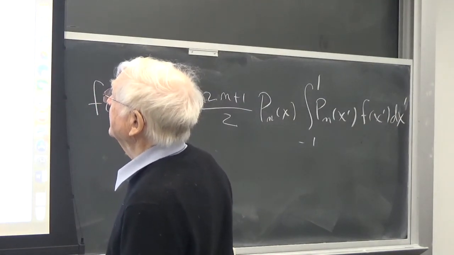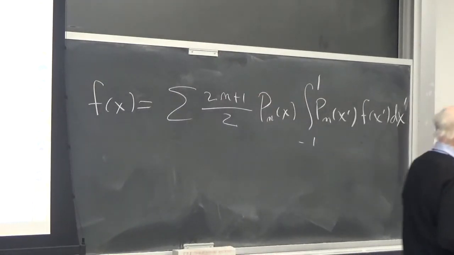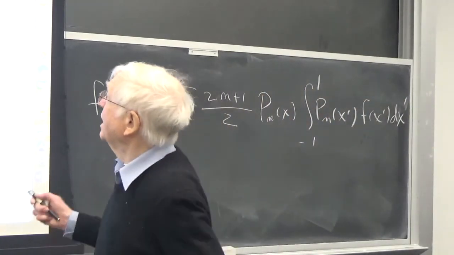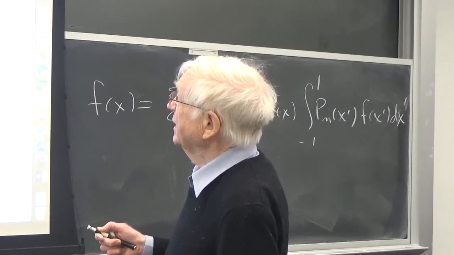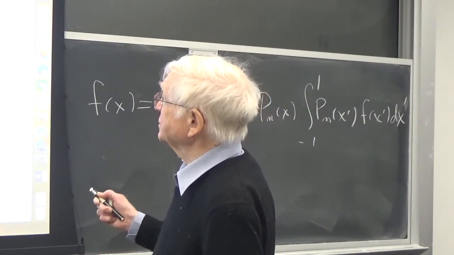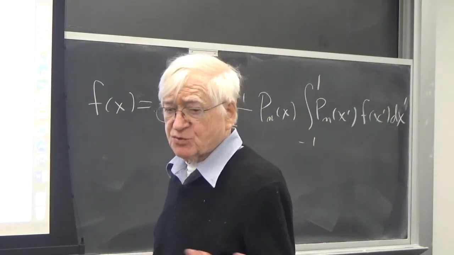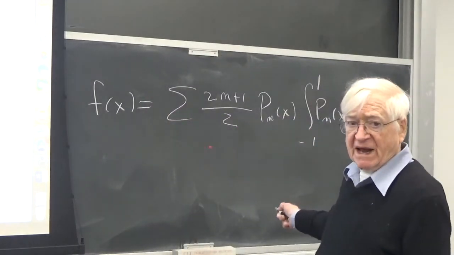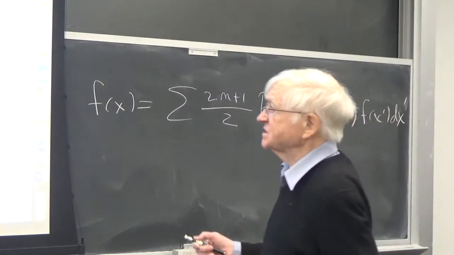And so, in other words, what you do here is the Fourier-Legendre expansion for e to the i kr cosine theta, which is e to the i k dot x really, is this expression. So this is just what I wrote on the blackboard for f equal to essentially e to the i k dot x.